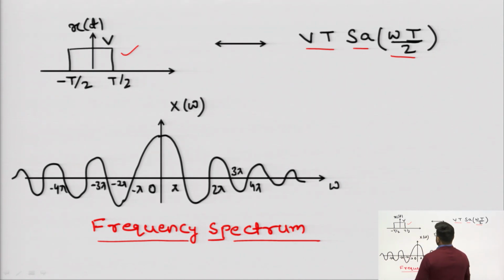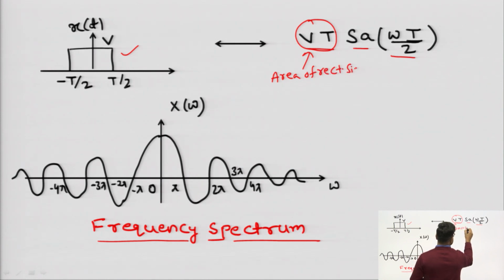So, we can also write it directly, without evaluating, by checking the gate signal. For example, the width of the gate signal, this part, represents the area of the rectangular signal.